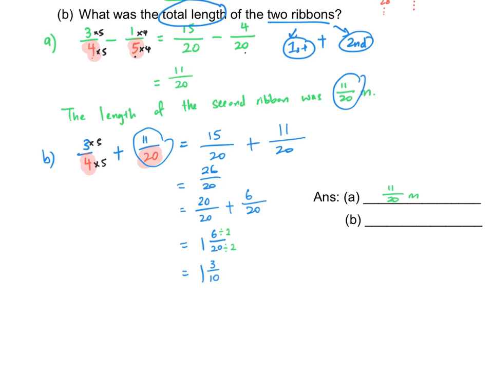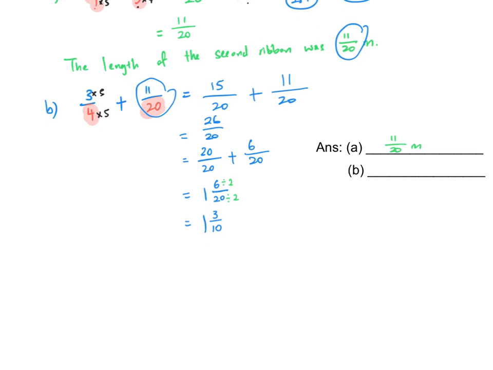Okay, so the answer to this is the length of both ribbons was 1 whole 3/10 meters. This is the answer to part B, 1 whole 3/10 meters. With that, we have come to the end of the worksheet. Thank you.